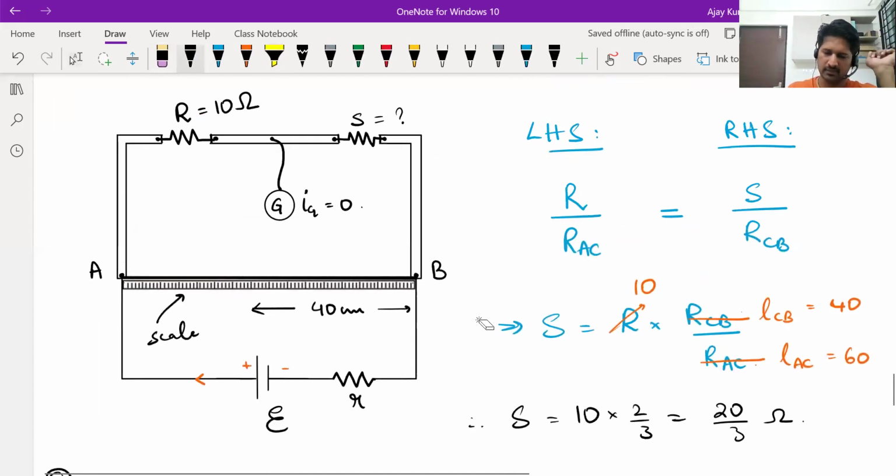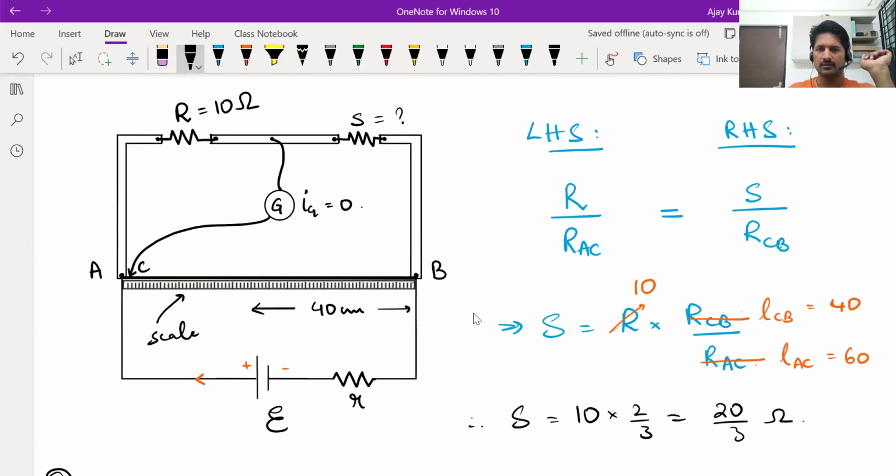Observe the diagram. Assume you connect the galvanometer here now at 1 centimeter. Now AC length has increased. From 0 it became 1, and CB length from 100 becomes 99. So on one side you are increasing the length, on the other side you are decreasing the length.